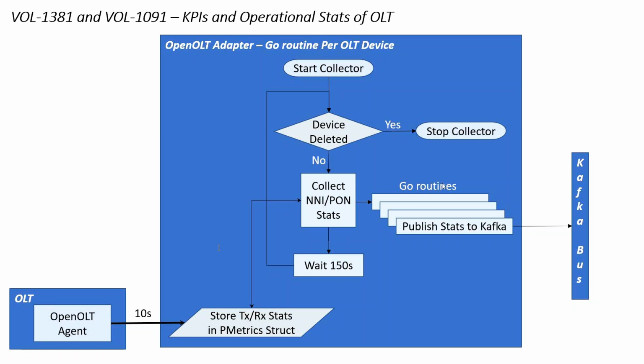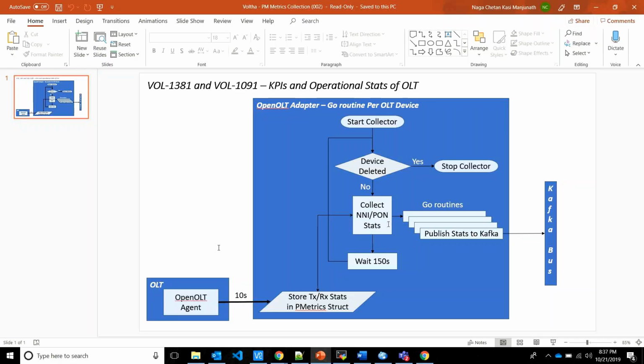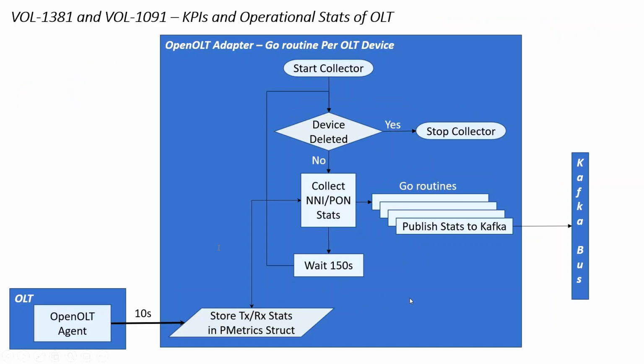Yes. Currently, with the device handler, I'm initiating these wait times and everything at instantiation. This can be done from the northbound API for every OLT when it is added. We can configure the time interval so that it can be staggered. For each OLT we can define 2 minutes or 3 minutes, so that the important OLTs have higher priority with frequent stats collection, and the lower-priority backup OLTs have a lesser frequency.